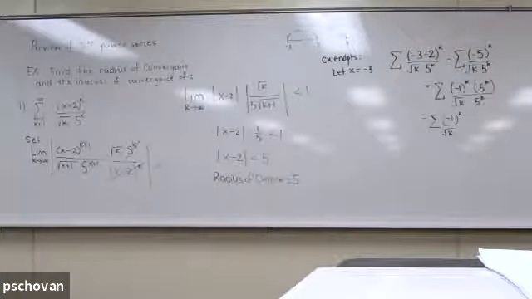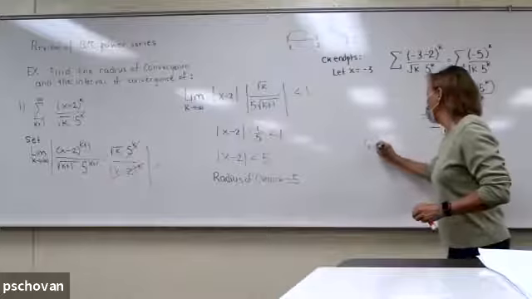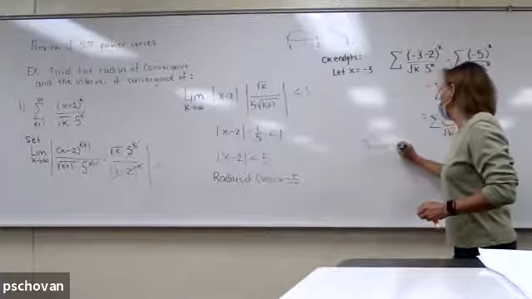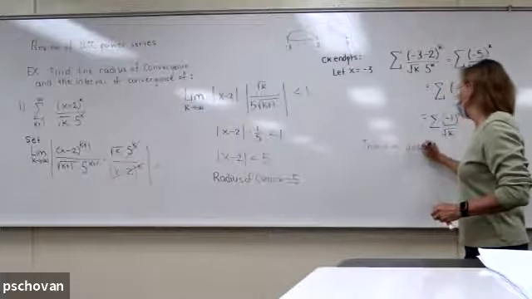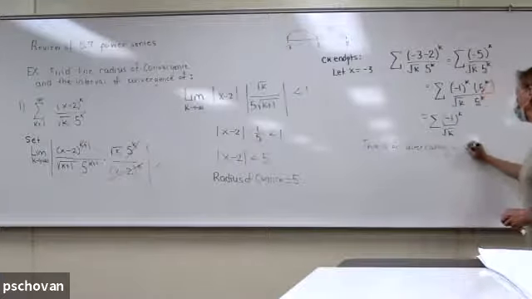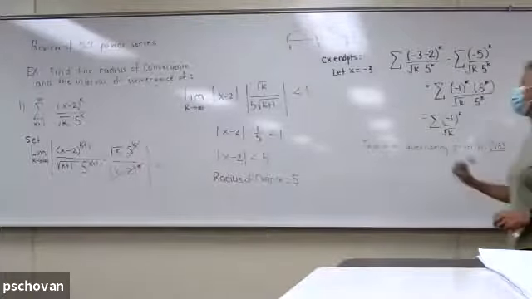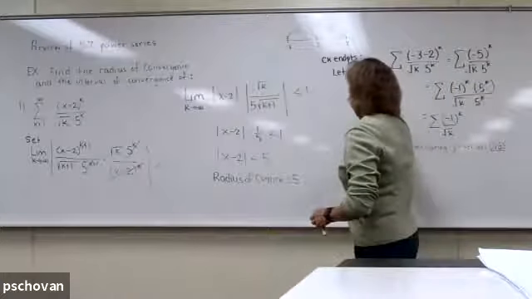You know anything about that one? It's an alternating p series and it converges. All alternating p series converge. So that means we include this endpoint.